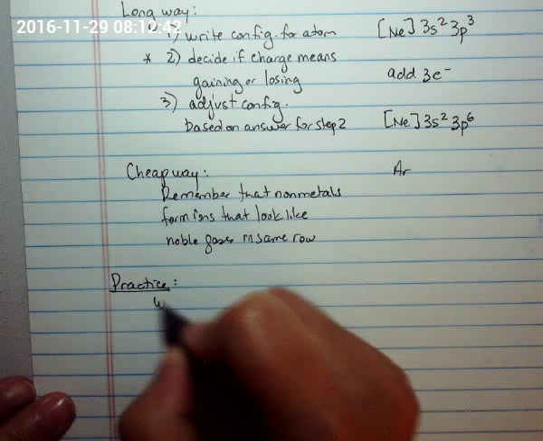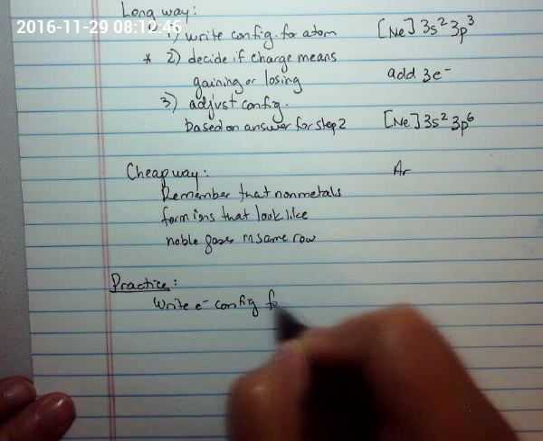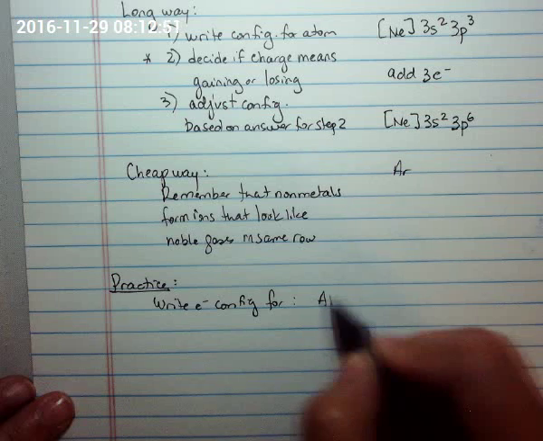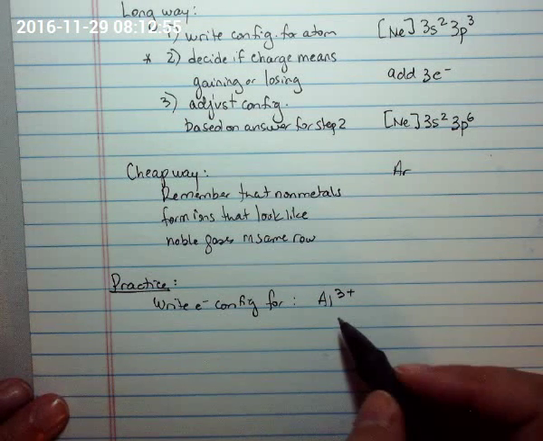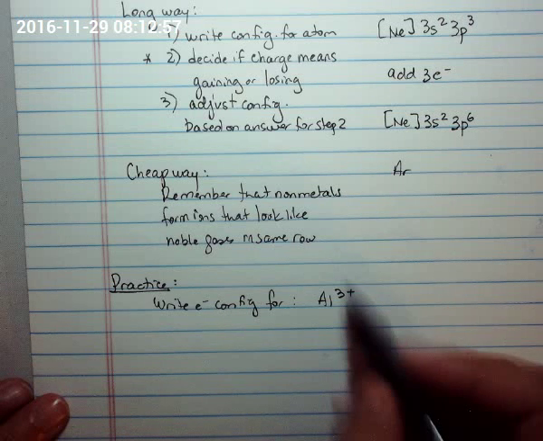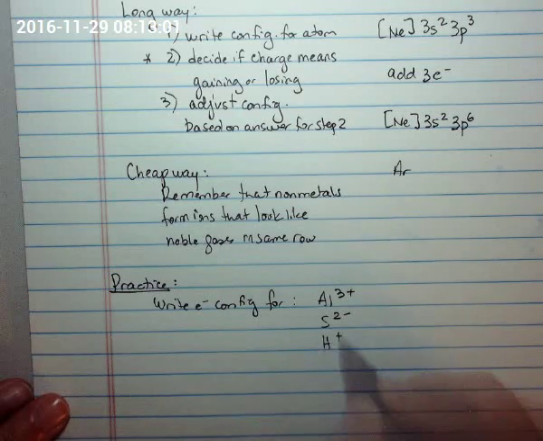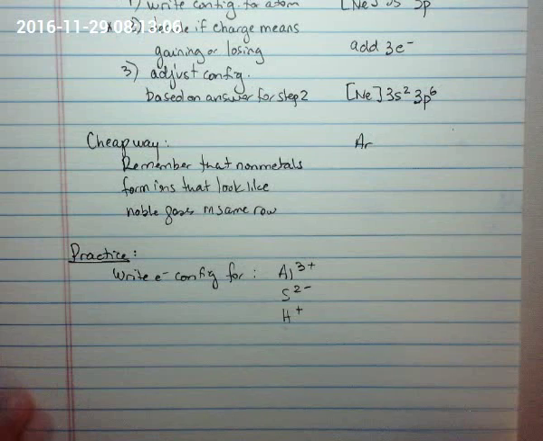So I want you to write the configurations for, let's see, aluminum 3+, let's think of another one, sulfur 2-, and this last one is hydrogen 1+, and this last one's tricky, okay?